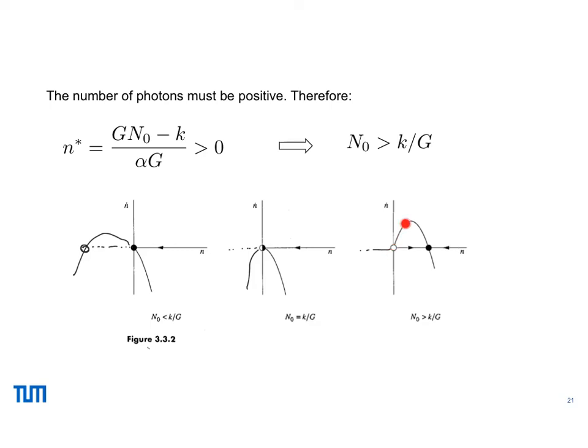And in here is the case when you have a stable beam, because now you have a fixed point that is an attractor and is associated with a positive number of photons, which is the physical thing. So what you want is that this fixed point is positive. This is actually how we describe the threshold, and therefore we say that this fixed point has to be positive, and it happens, you just rearrange the equation, for a given value of the initial number of excited atoms.